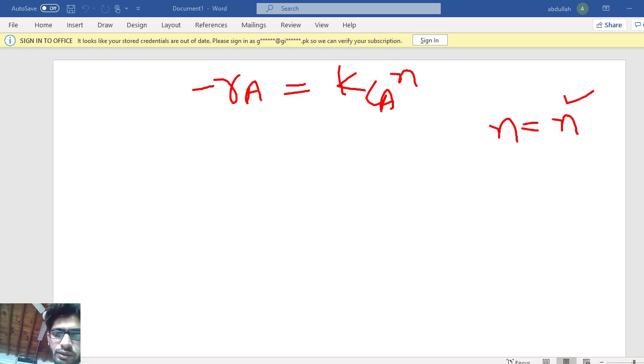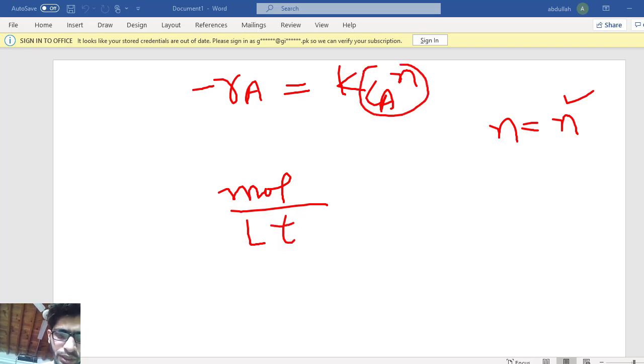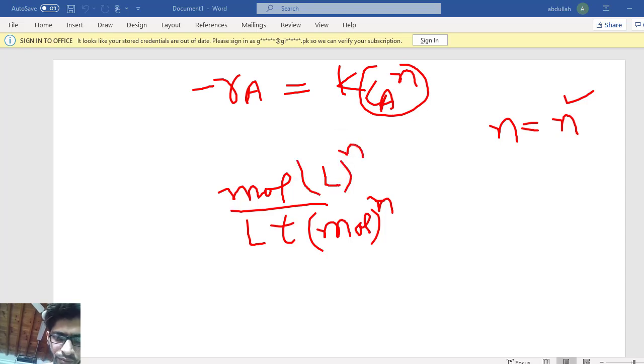In this case, the unit of rate constant will be equal to mole per liter into time, and this concentration will be written as mole to the power n into liter to the power n.